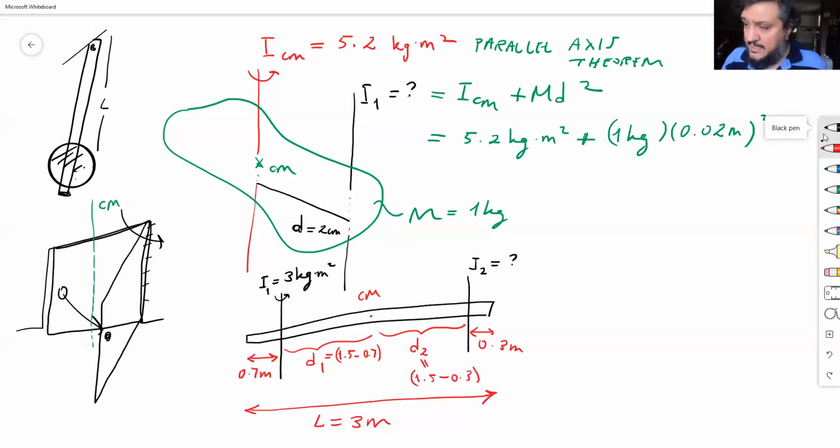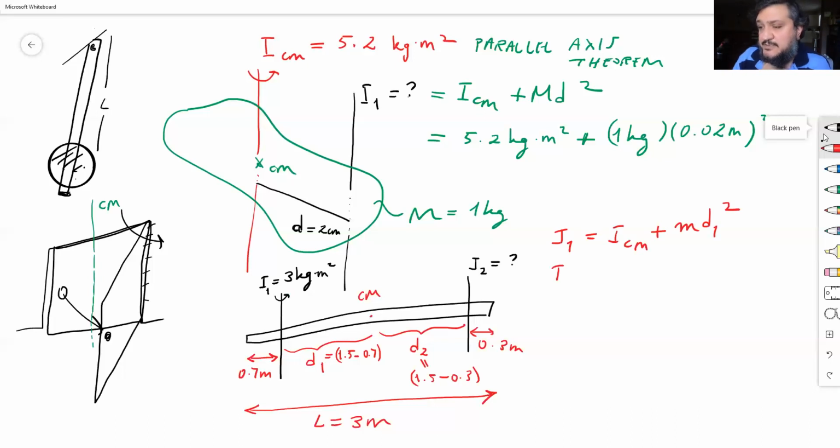So I know that from the parallel axis theorem, I1 has to be equal to ICM plus mass of the rod times D1 squared.